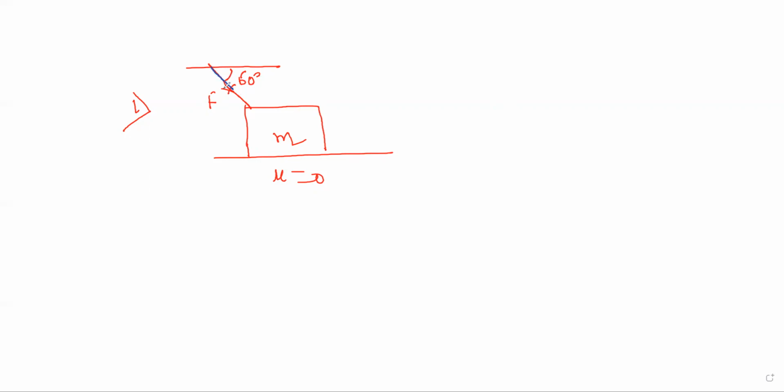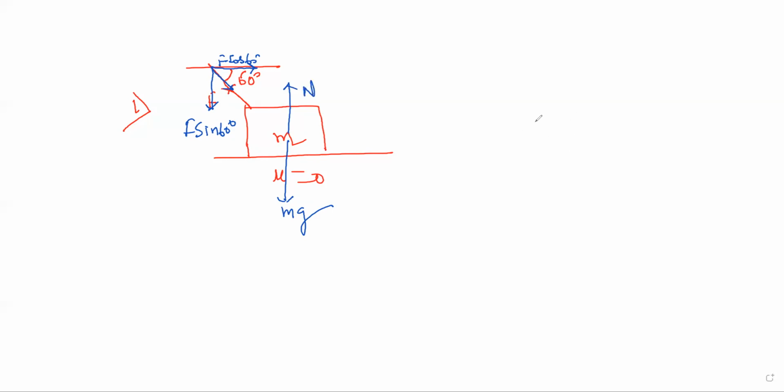The component of this force in the horizontal direction will be F cos 60 degrees, and the component in the vertically downward direction will be F sin 60 degrees. One force is already acting vertically downward, which is its weight, and the other force is normal.